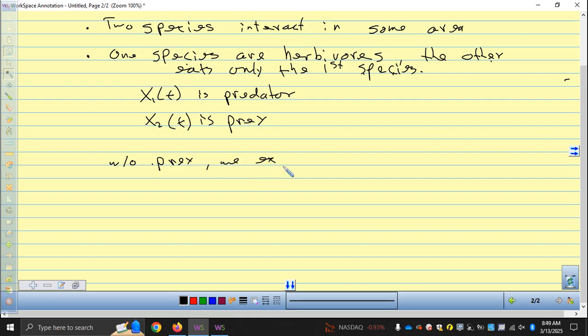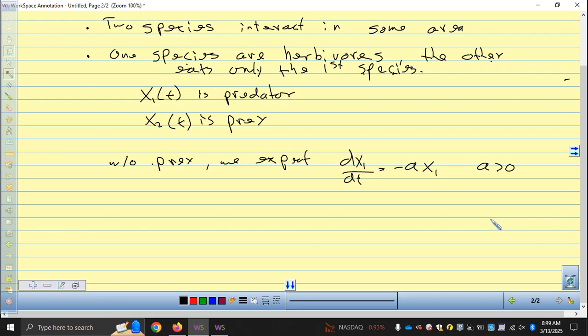So without prey, we expect dx1/dt to be negative a times x1, where a is some proportionality constant. Negative because these predators don't have anything to eat. And we're saying a is greater than 0.